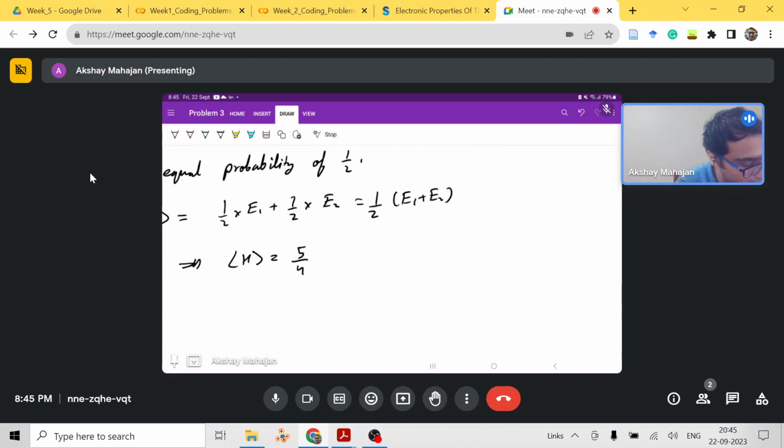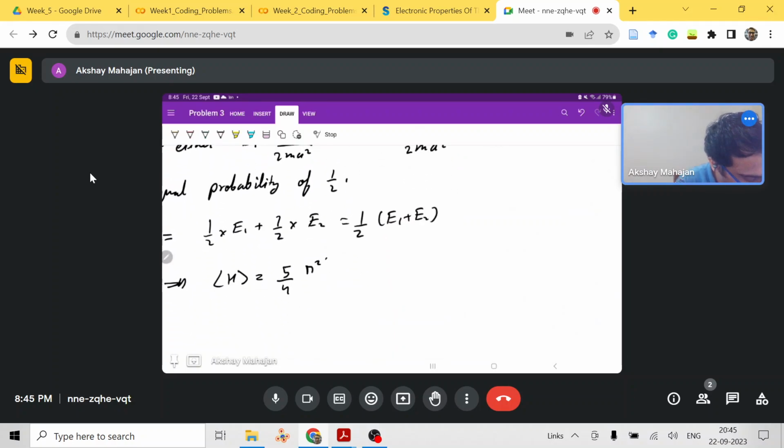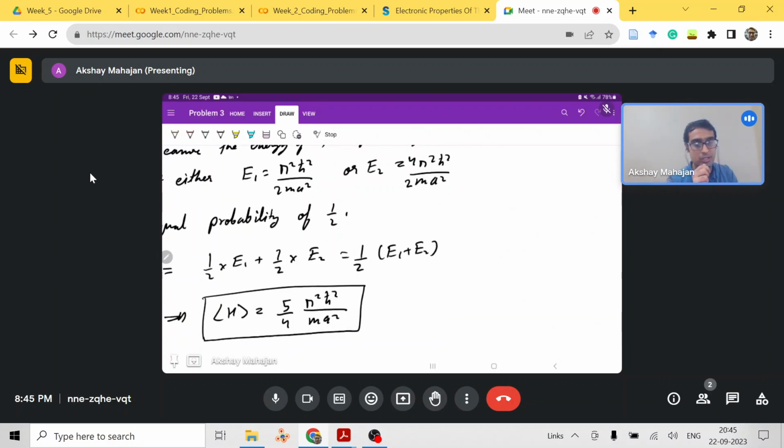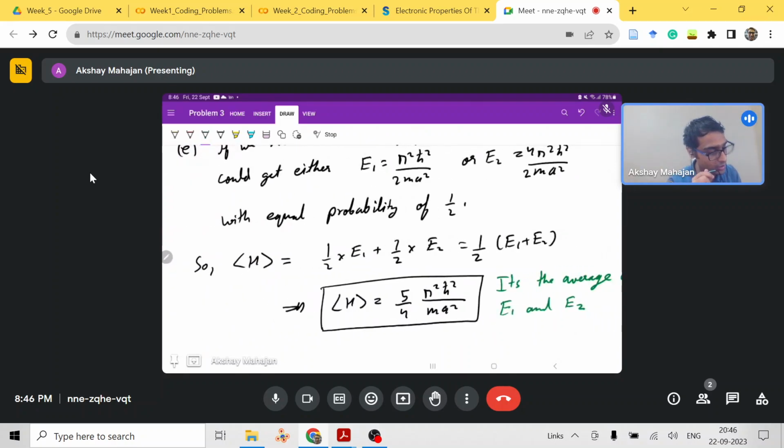Yeah, 5 by 4 pi square h bar square by m a square. So this will be our expectation value, just the average of E1 and E2. It is the probability of finding energy E1 times E1 plus the probability of finding E2 times E2. So basically it is the average of E1 and E2. Alright, so this is the comparison with respect to E1 and E2.